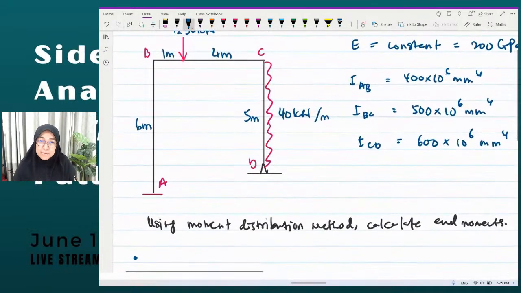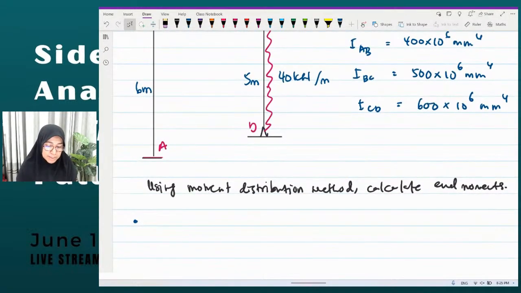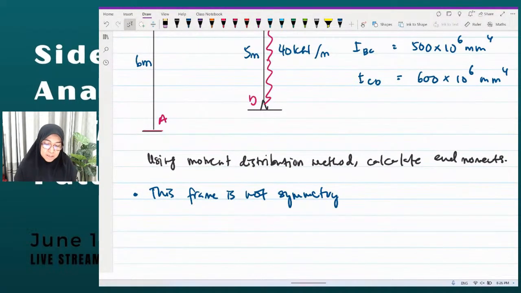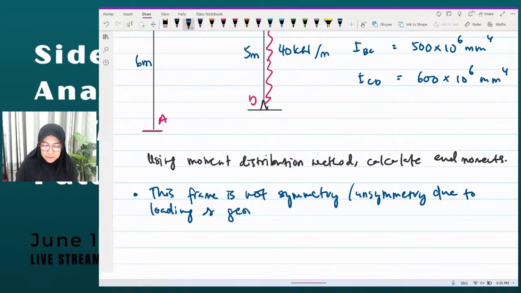What we can get from this frame is that it is an unsymmetry frame, due to loading and also due to geometry.